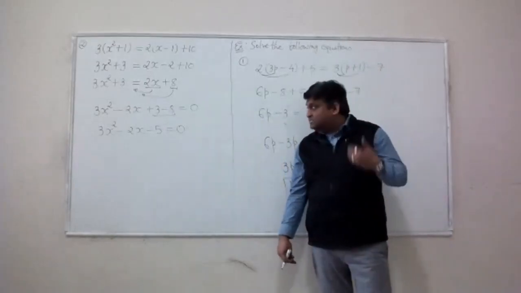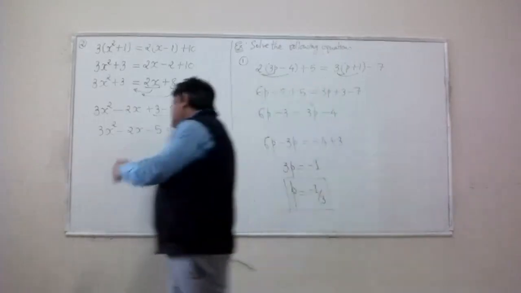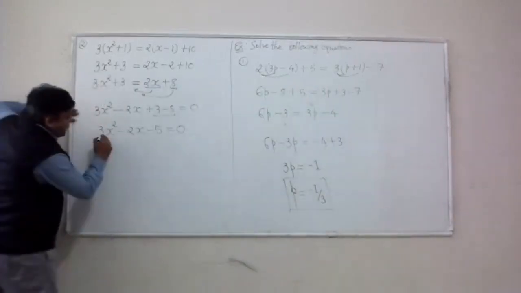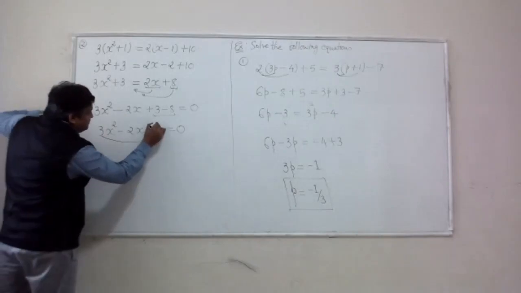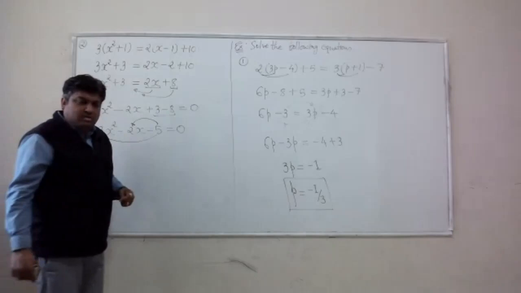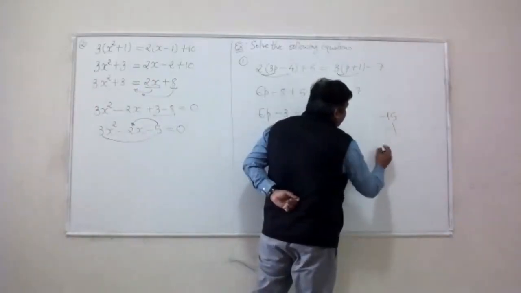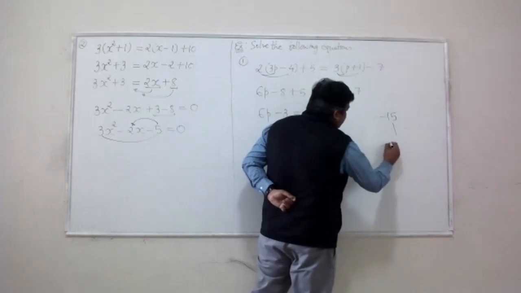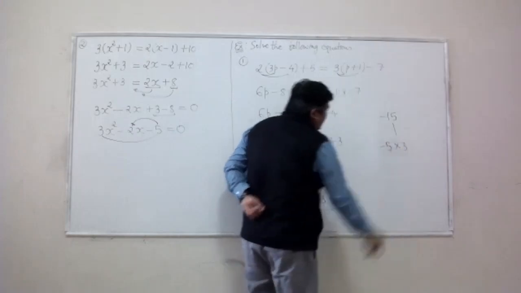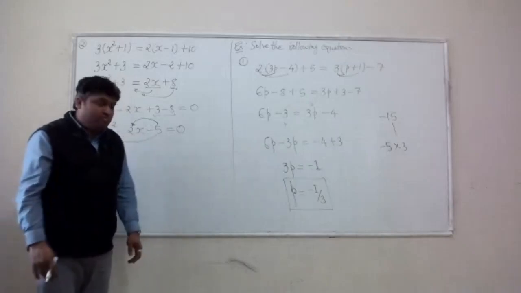I would like to solve this for variable x. Let's solve it. This is what I need to do. Find the factors of negative 15 whose sum is negative 2. Looks like negative 5 and 3. These are the two factors that add up to negative 2.